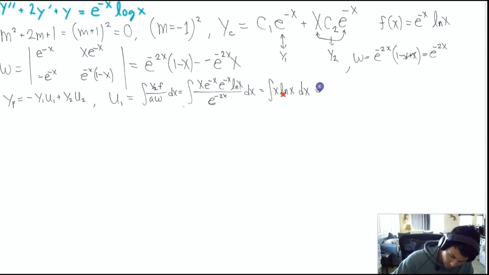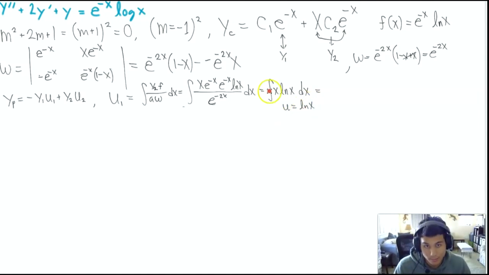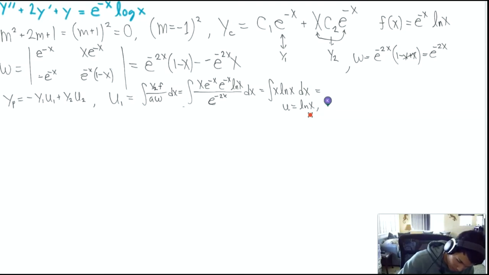Well, if we do integration by parts, if we call u ln of x, earlier I called u x, which is usually nice because du just turns into dx and you get something really simple, but this is a little bit more complicated. du is 1 over x dx.